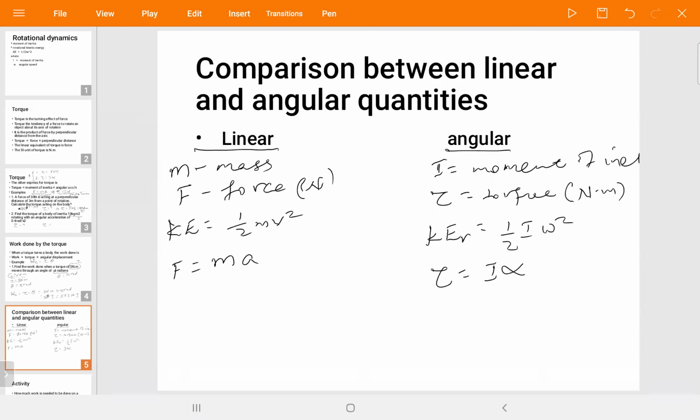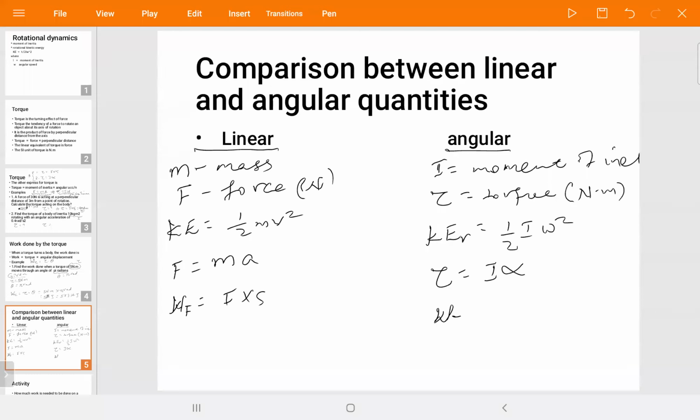And work done by a linear force is force times distance. If a certain force is exerted on an object and the object is able to displace a certain distance s, then the product of force and the displacement gives work done by a linear force.